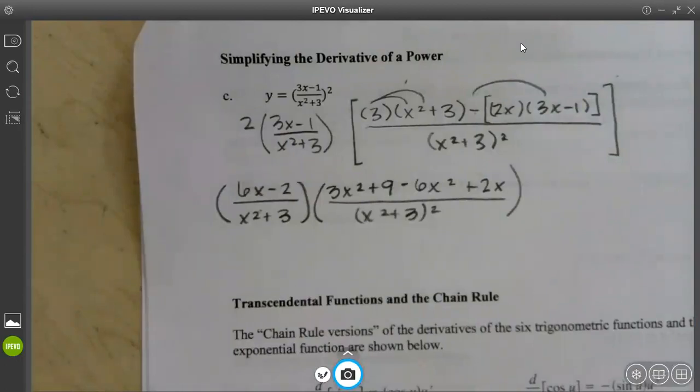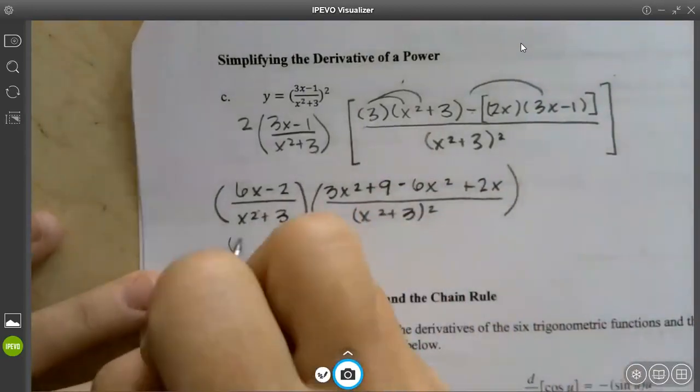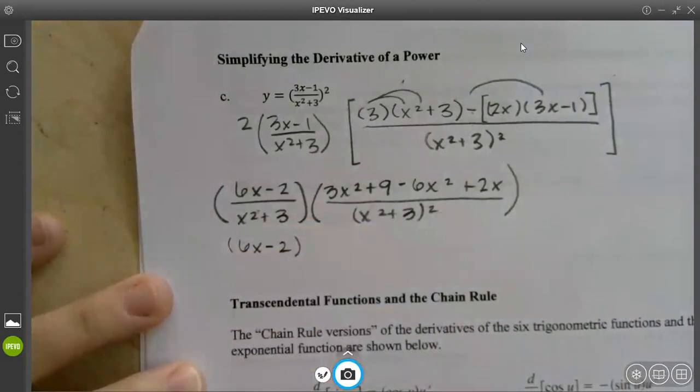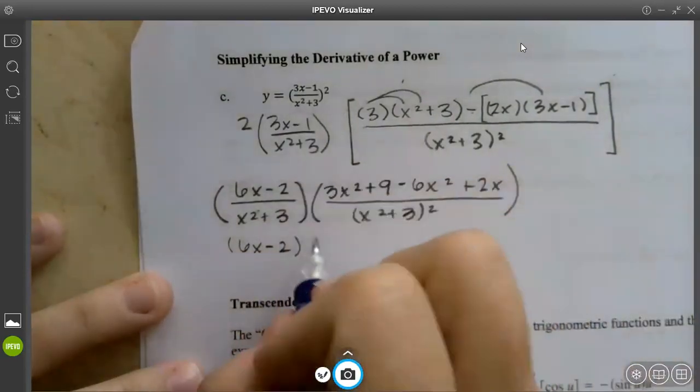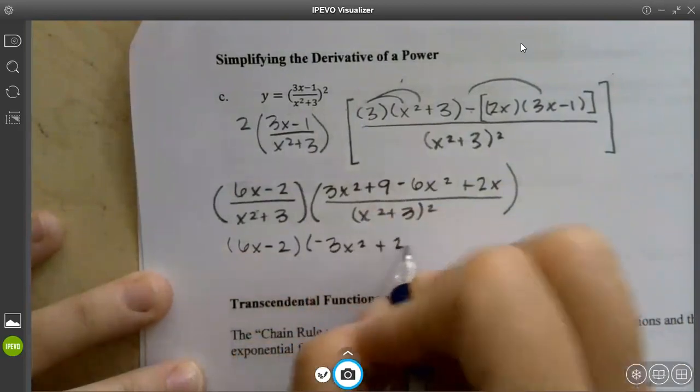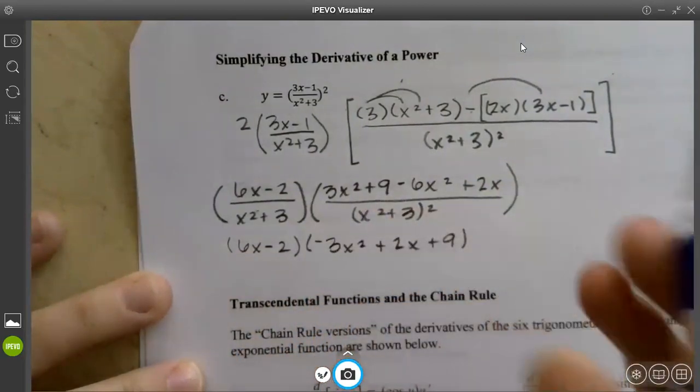And then you don't have to multiply out the top, just clean it up and combine the bottoms. So 6x minus 2 can stay right there. You don't have to do anything with that. You could have even left the 2 out. It doesn't matter. 3x squared minus 6x squared is, we have a positive 2x and a positive 9.